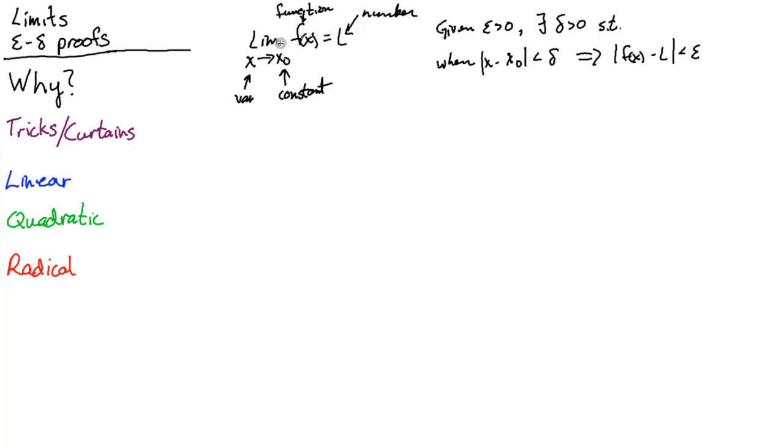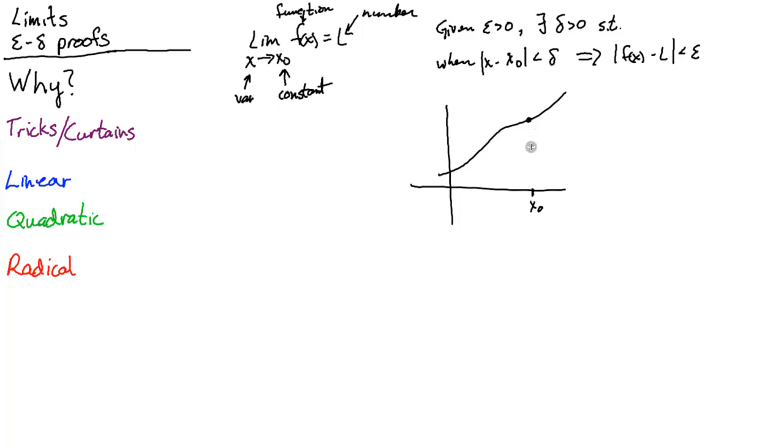Now, first of all, a couple of things with this definition. We understand the concept is as x gets closer and closer to x naught, the f of x's that correspond to that will get closer to L. So this is how it'll be drawn on a graph somewhere. You'll have this function going up here like this, and here's your little x naught. Now f of x naught doesn't actually have to be defined there.